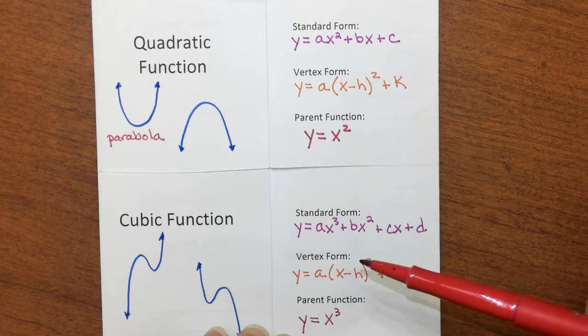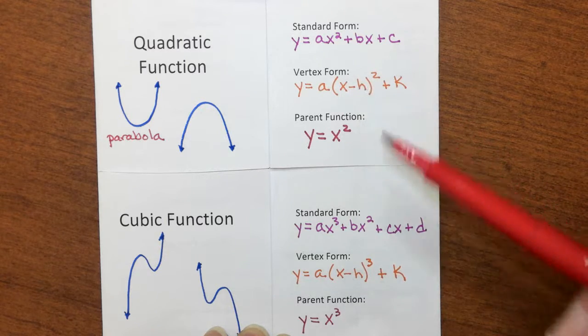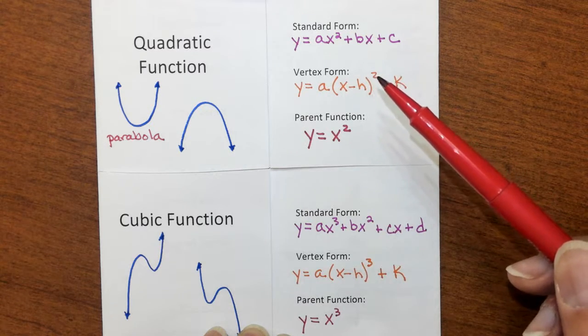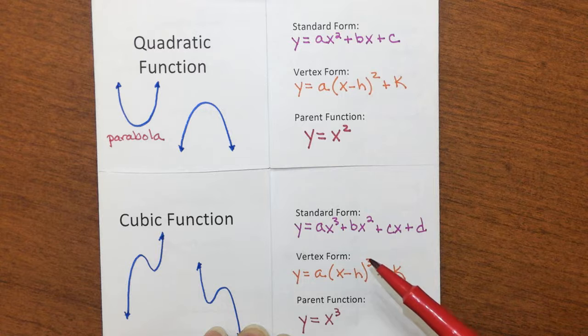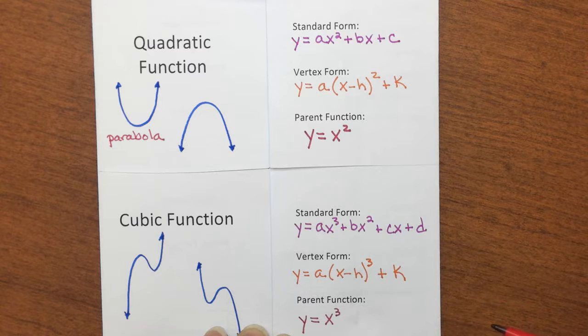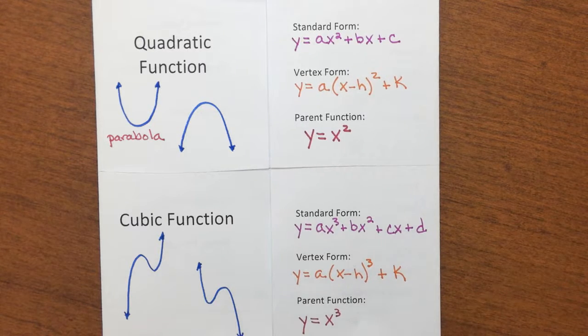The only difference between my quadratic and my cubic is my quadratic has a square here and my cubic has a 3 for being cubed, and then plus k. So you're going to find that there's patterns, so you need to start looking for the patterns. So in the next video I'm going to look at the left inside of this foldable.